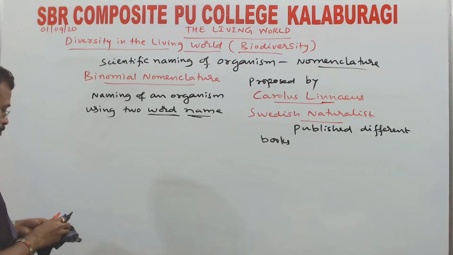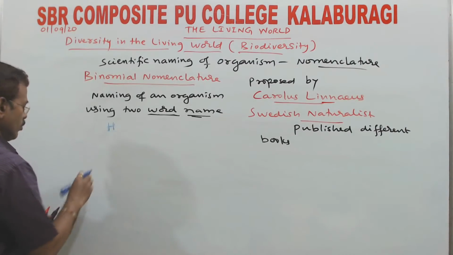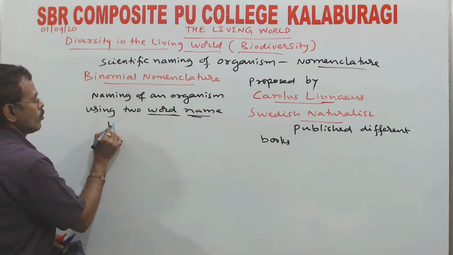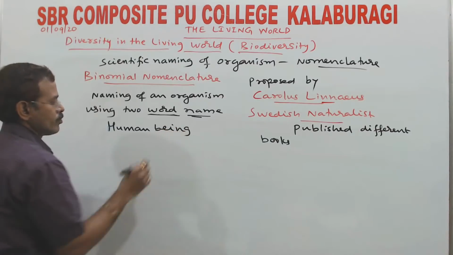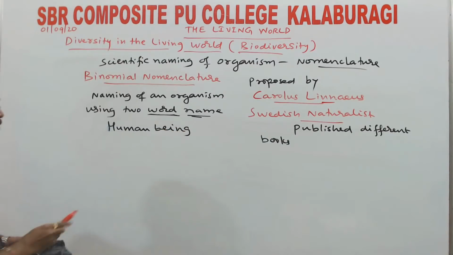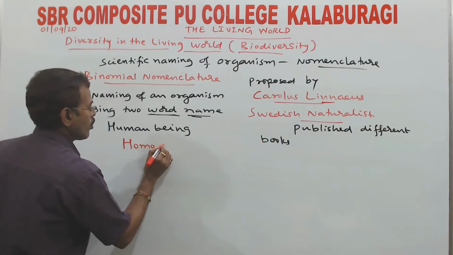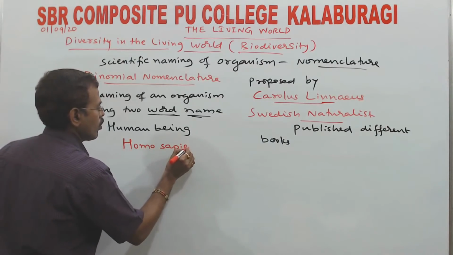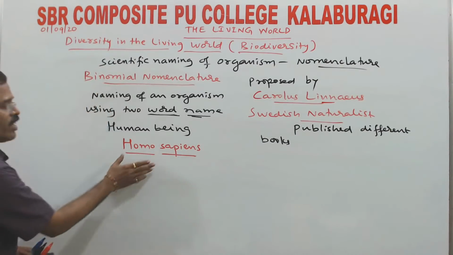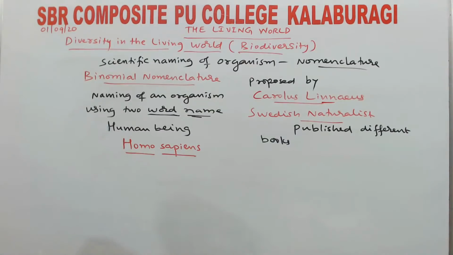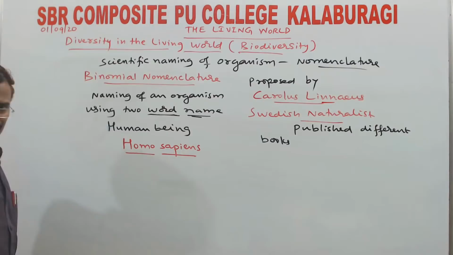Say, for example, human beings. The scientific name is Homo sapiens. So scientific naming of an organism using a two-word name.